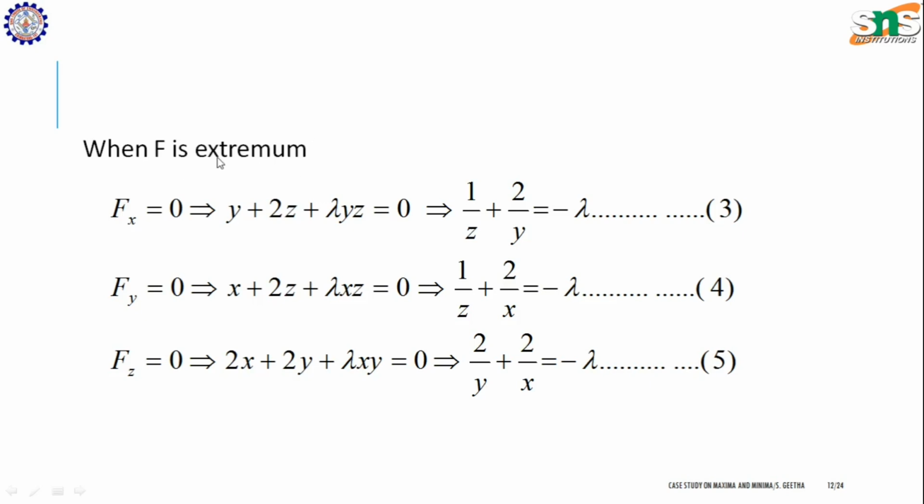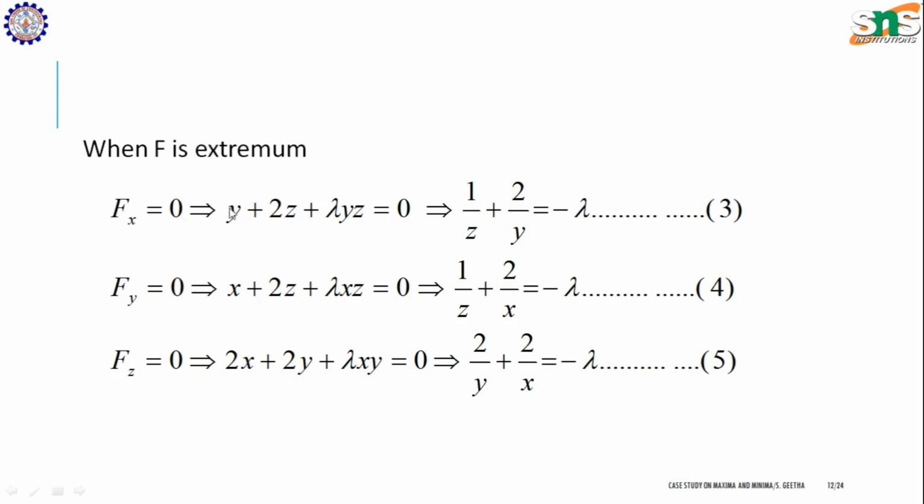When F is extremum, Fx equal to 0, Fy equal to 0 and Fz equal to 0, which implies y plus 2z plus lambda yz equal to 0, x plus 2z plus lambda xz equal to 0 and 2x plus 2y plus lambda xy equal to 0.